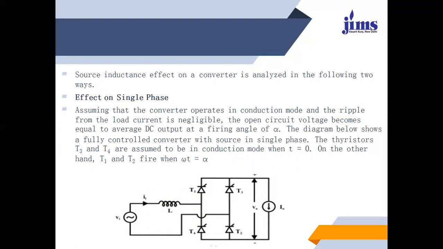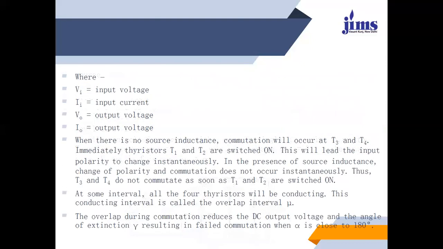On the other hand, T1 and T2 are triggered when omega t equals alpha. Where Vi is the input voltage, Ii is the input current, Vo is the output voltage, and Io is the output current.